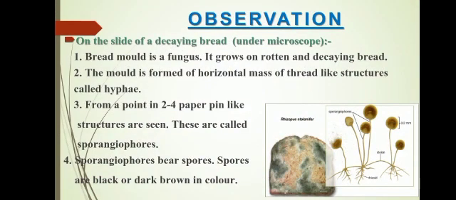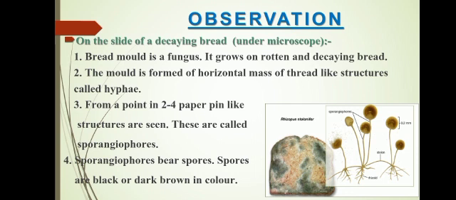So children, on the slide of a decaying bread, if it is observed under the microscope, what can we observe? We can see bread mold on it. So this bread mold is actually a type of fungus which grows on rotten and decaying bread.